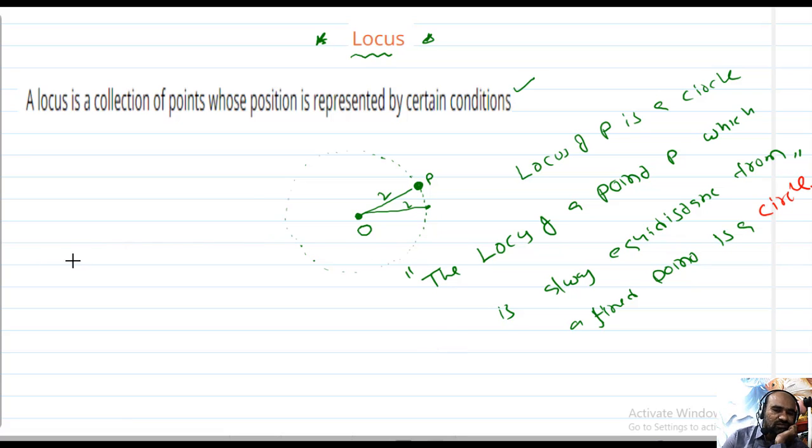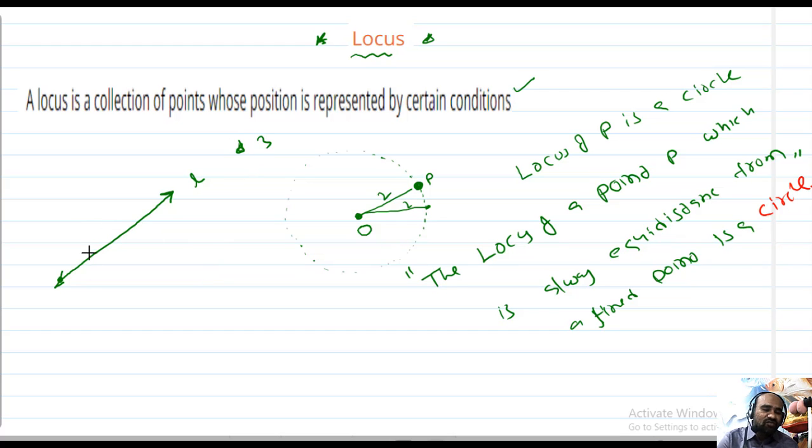One more example, students. A straight line L is given, and its position is fixed. The question is, find the locus of a point which is equidistant from the line L. That means we want to identify the points on the same plane which are the same distance from L. Let the distance be some D, say 3 units.